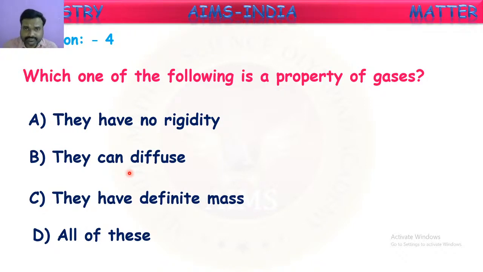I said already, diffusion means spreading or intermixing of gases. Intermixing of particles of different matter one into other easily is called interdiffusion. Because of this diffusion property of gases only, we are able to observe the smells.